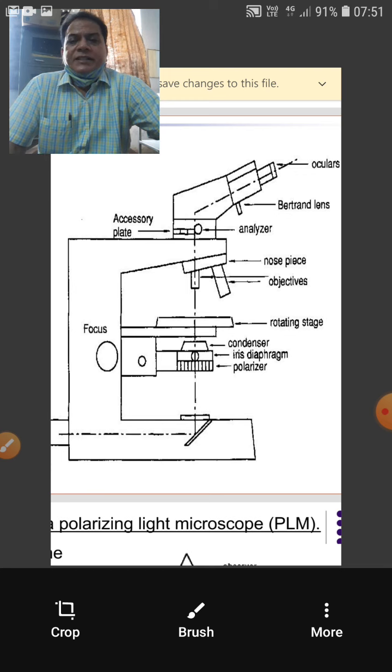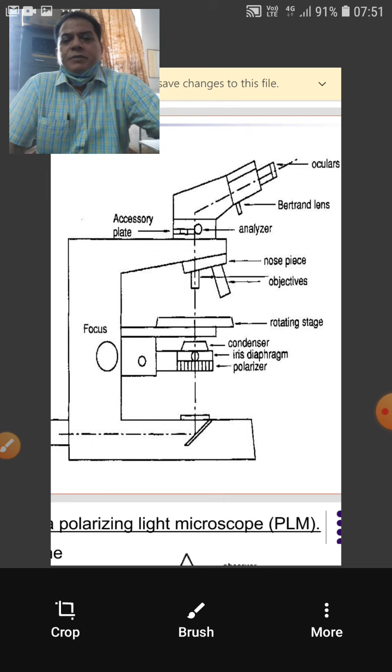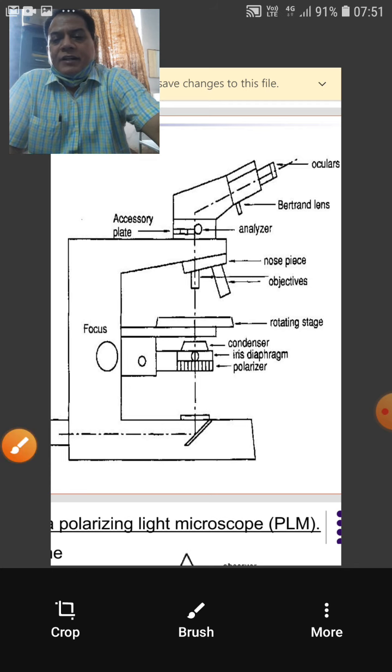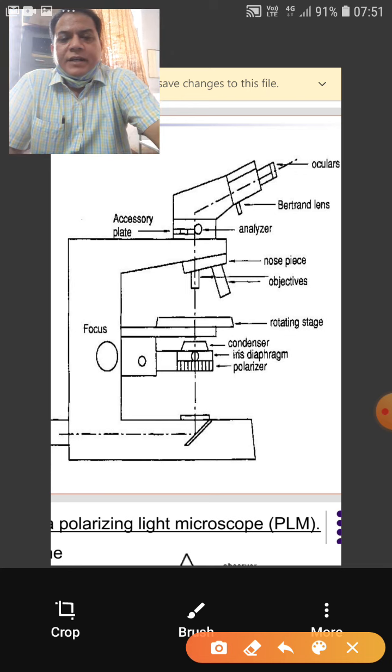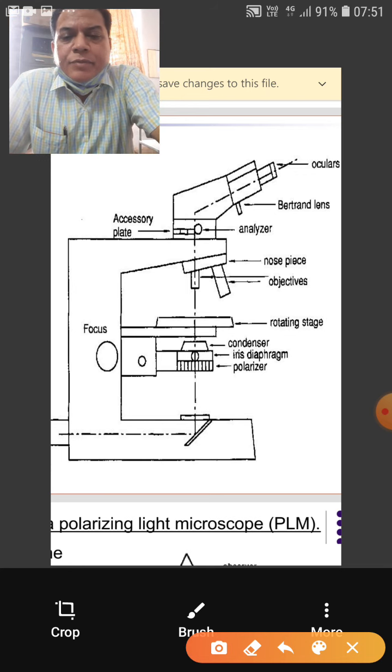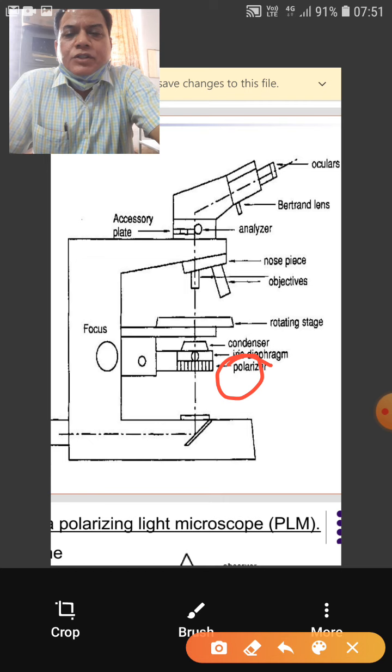Now there are three arrangements. We can make three arrangements, and different optical properties are studied under them. The first arrangement is simply the study under plane polarized light, when only the polarizer which is below the stage is in position, and the analyzer is in the out position, not inserted.